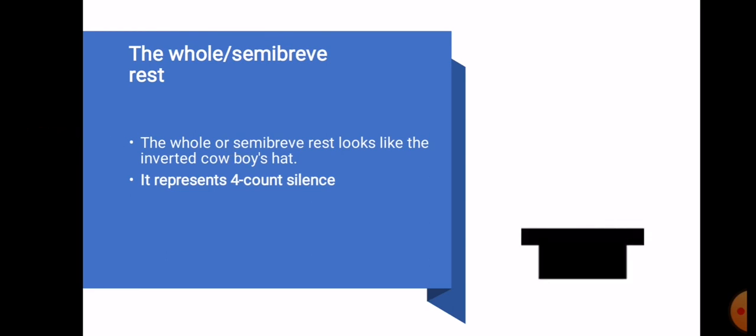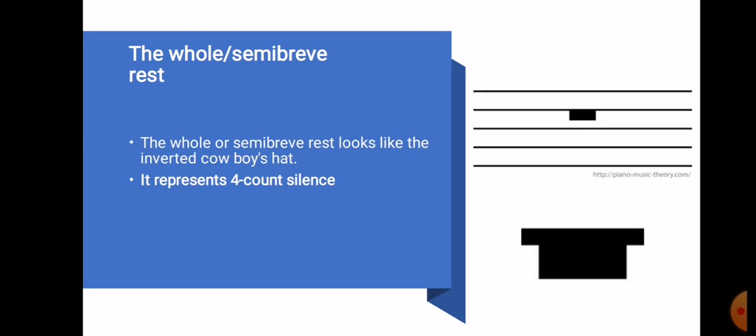It looks like the inverted form of it, like you have turned it upside down, so where you really put on the head is facing upwards. Then it represents a 4 count silence. It means that you keep quiet for 4 counts depending on your pause. And it is represented on the staff as shown.